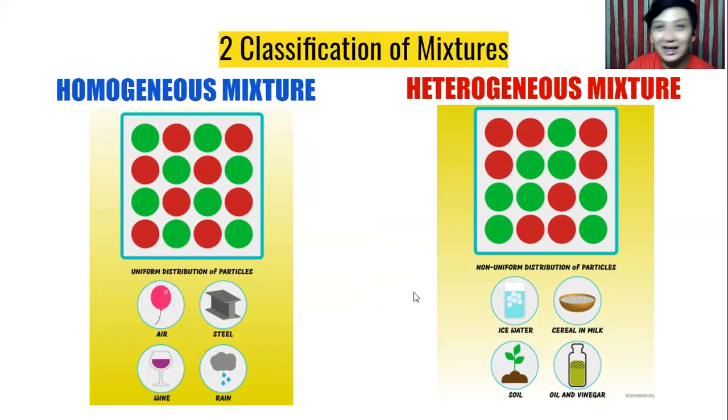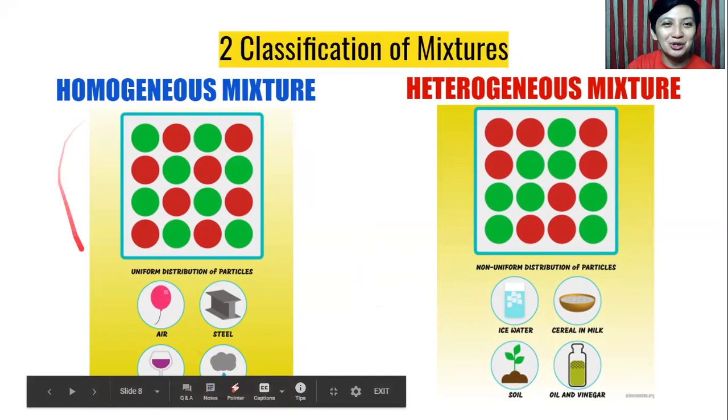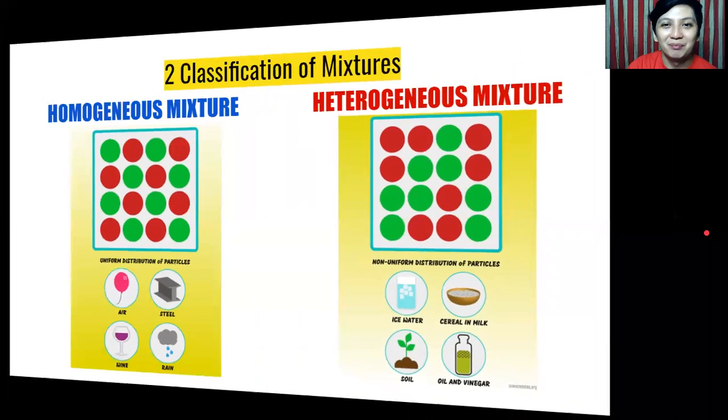Kitang-kita mo yung lahat ng hinalo mo dito sa mixture na to. So homogeneous mixture, you can see only one phase in the final product. When we are talking about heterogeneous mixture, you can see two or more phases in the final product. Okay? So we will focus on homogeneous mixtures, which is all about solution.